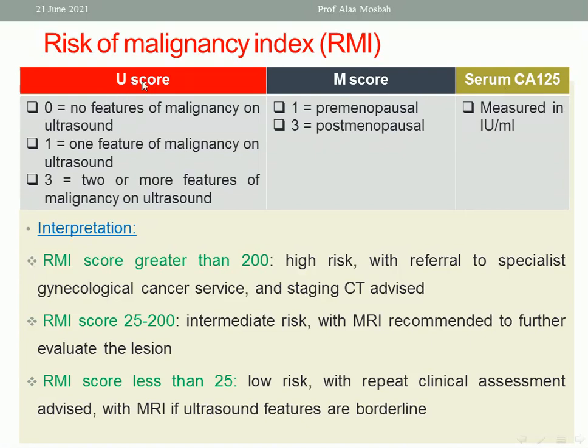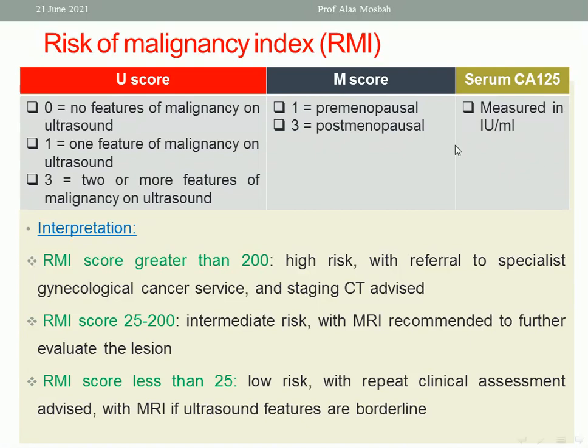The ultrasound score is 0 if there is no feature of malignancy on ultrasound, 1 if one feature of malignancy, as we mentioned before, or 3 if two or more features of malignancy on ultrasound. As regards the menopausal state, if the lady is premenopausal, she will take score 1. If she is postmenopausal, she will take score 3. Then we measure the serum CA125 in International Units per milliliter.